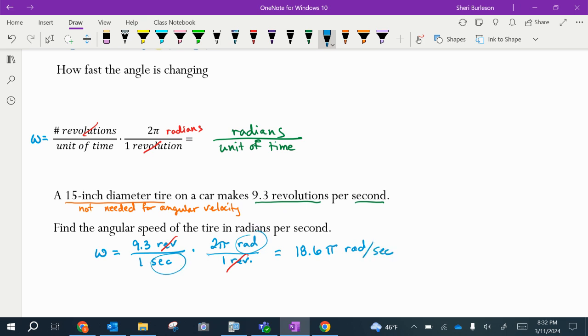Now that is the exact angular velocity, but we don't really know what that means because the pi is in there. So we're going to approximate it.